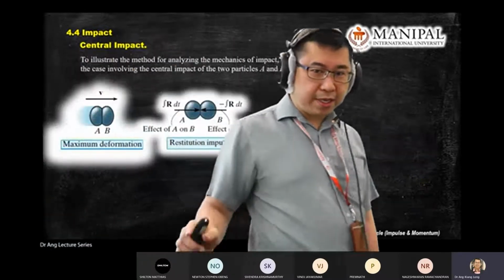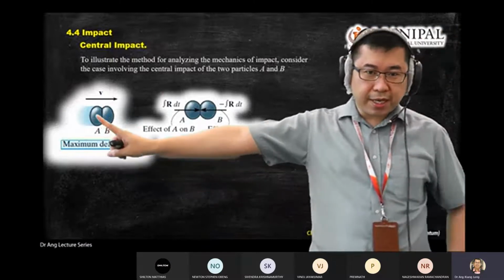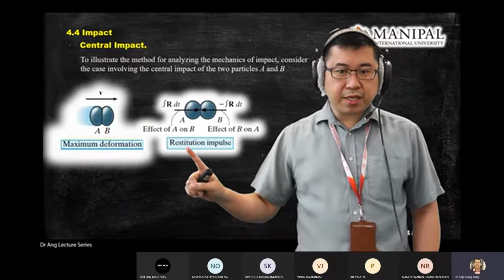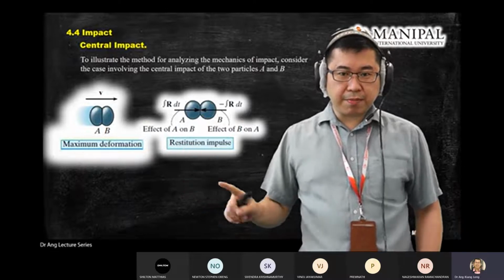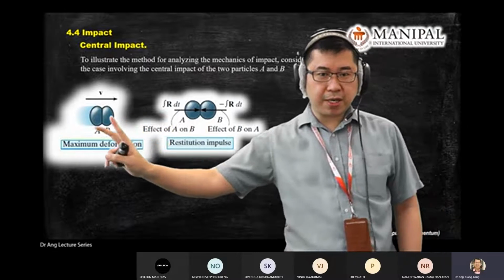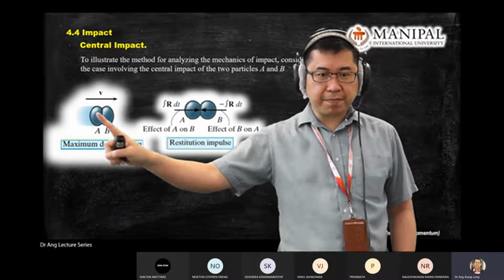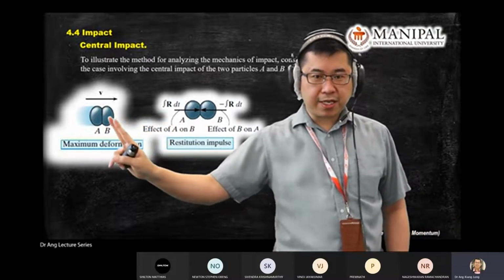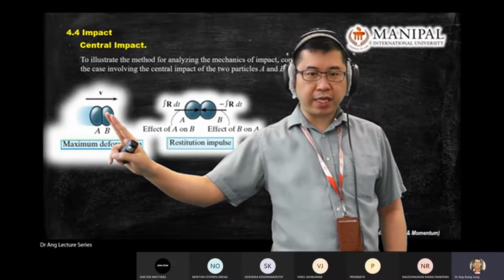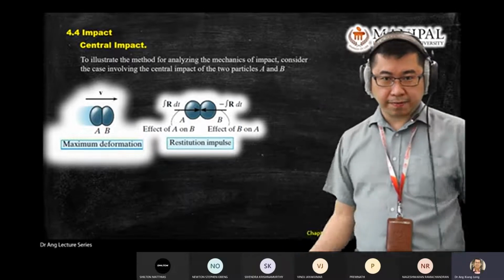What happened after they deform and move at the same speed? There will be a restitution impulse. Because of the mechanism of the particles, after they squeeze together, they will try to move in the opposite direction.